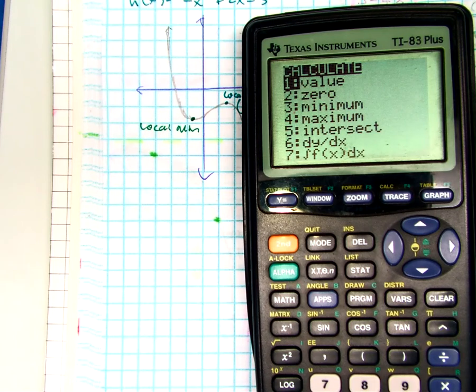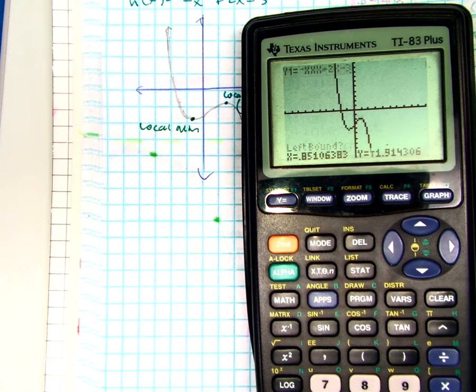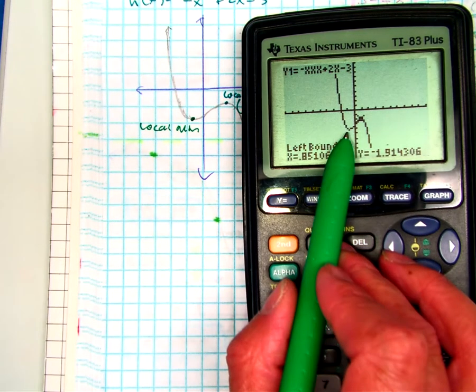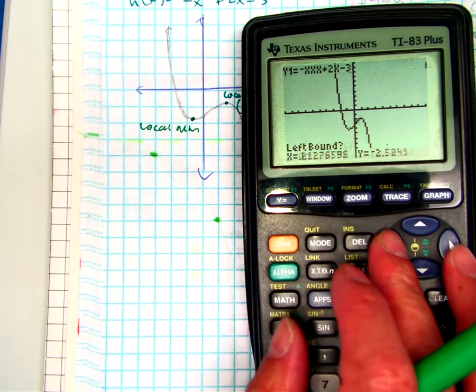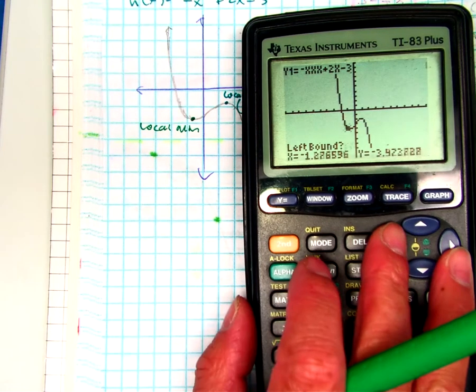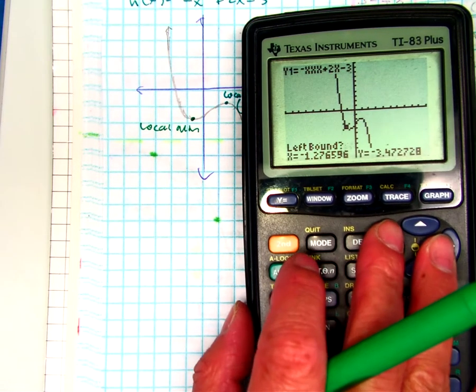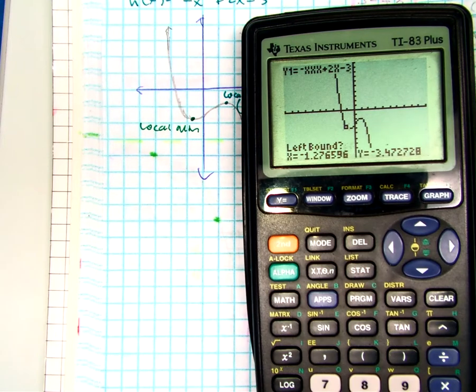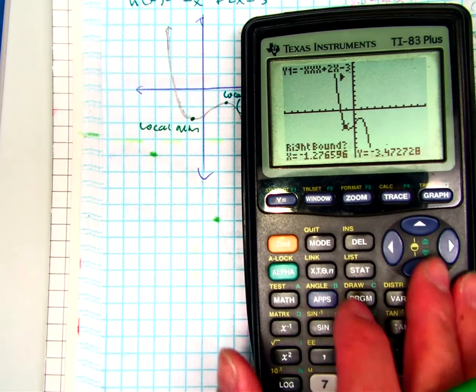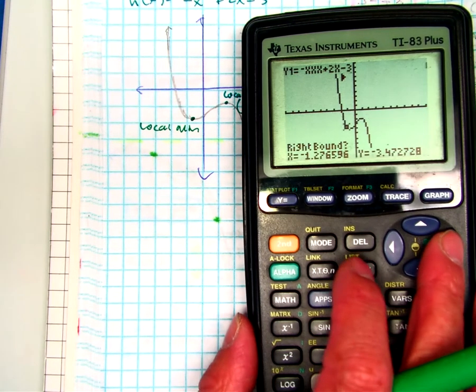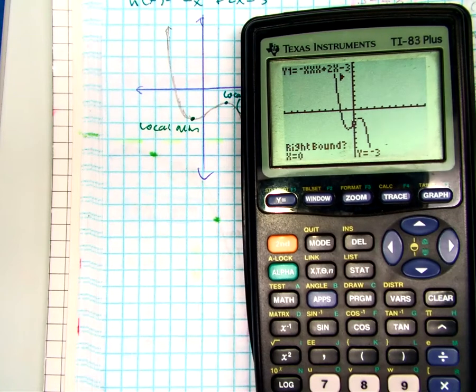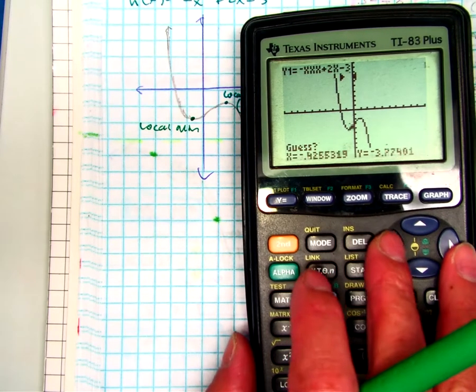Now what? Minimum, number 3. Now what? Well, we're trying to get to that point, so just move your cursor over towards the left of it. Yeah, left of it. Does that make sense? For the left boundary, I'm going to press enter. Then a little bit to the right of it, and what you think your guess is.